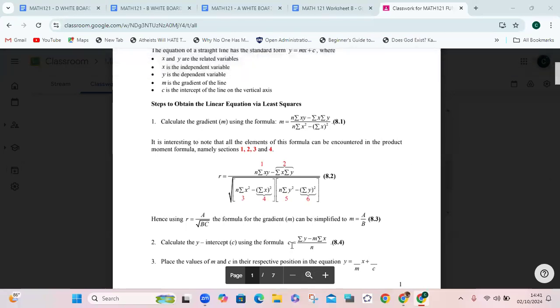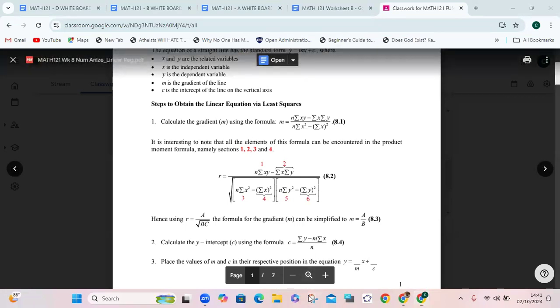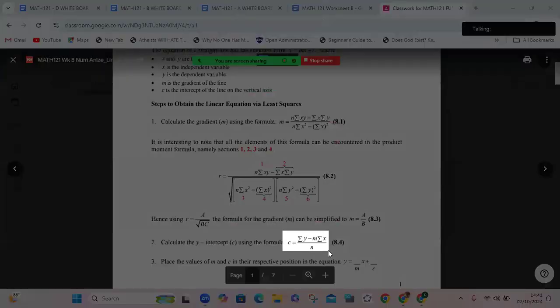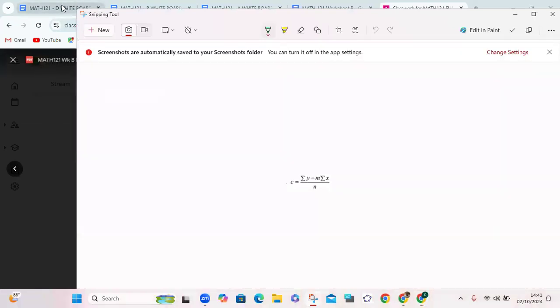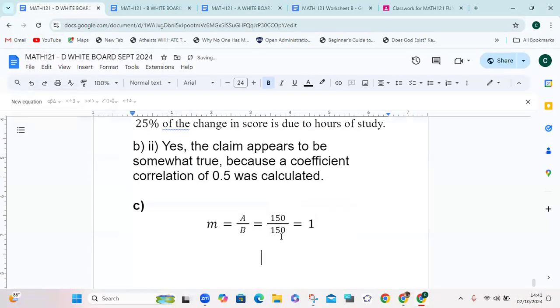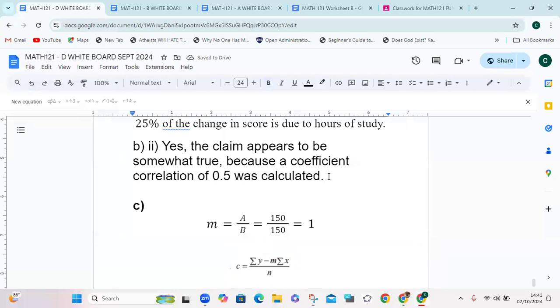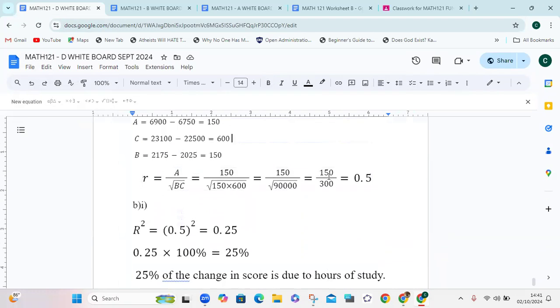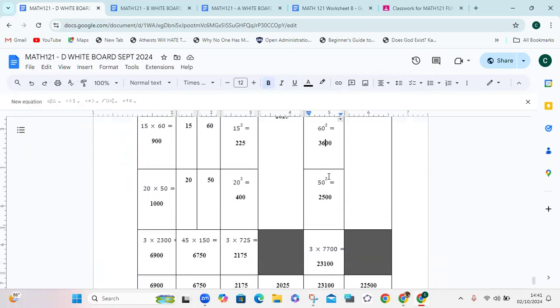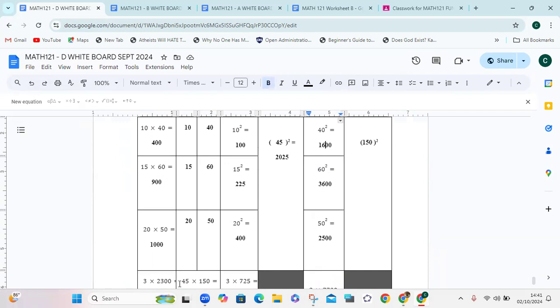Now the y-intercept c is equal to the sum of y minus m times the sum of x over n. Now we've got to go back to our calculations to find the sum of y and the sum of x. We found the sum of x to be 45 and the sum of y to be 150.